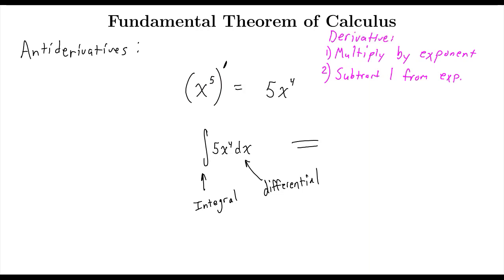Well, the steps for the antiderivative are going to be the exact opposite. I'm going to reverse this. Instead of starting with multiplying by an exponent and then subtracting 1, I'm going to start at the bottom, where I subtracted 1 from the exponent, but do the opposite: add 1 to the exponent.